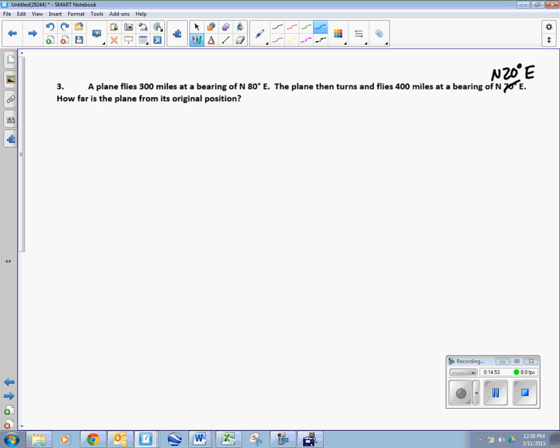Okay, we're going to change this one. Instead of north 70 degrees east, we're going to go north 20 degrees east. We got a plane.